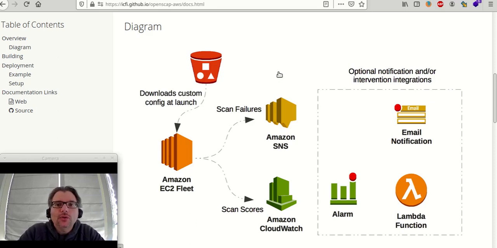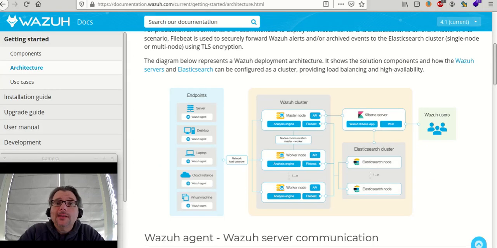You could do it through Wazuh as well, because Wazuh is OpenSCAP ready too, so you can deploy Wazuh. If you don't know Wazuh, have a look at that project. It's extremely simple as architecture, and it's open source, so you can implement it.